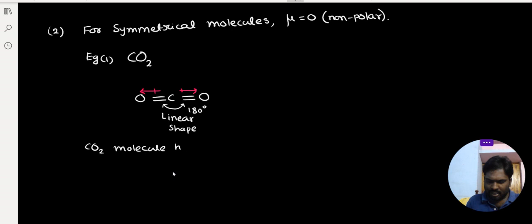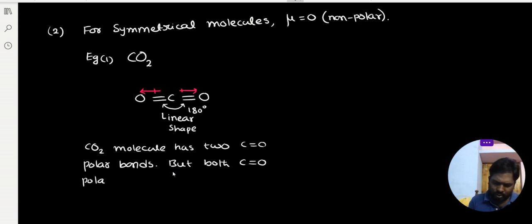The CO2 molecule has two C=O polar bonds, but both polar bonds cancel each other.